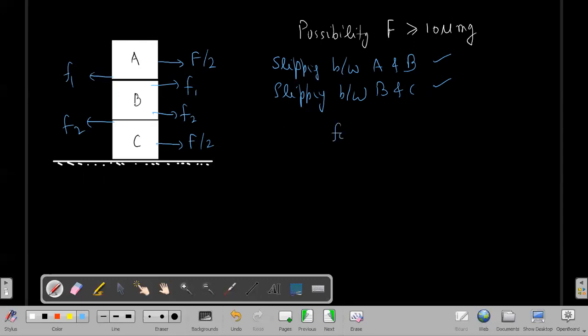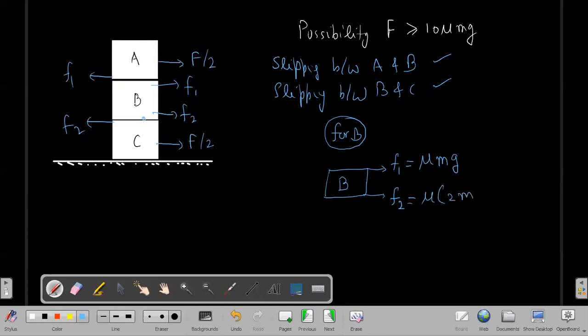So if I look for the block B, because we have to find out acceleration of the block B only, so considering block B and looking for the forces on this block are F1 and F2. Both these frictional forces have crossed their limiting values, and therefore they can be written as the value of kinetic friction force mu into normal, and the value of kinetic friction force F2 is mu into normal reaction force between the block B and C, which was 2 mg.